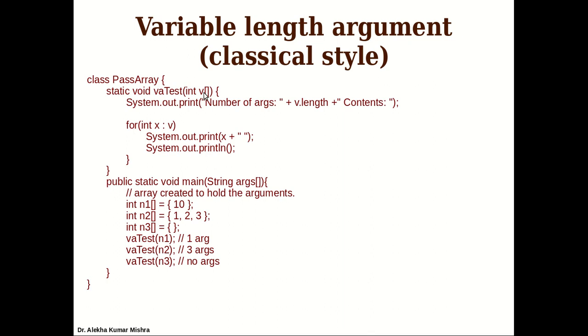Suppose we are passing an array, but the size is not fixed and could vary. In that case, the very common, traditional way is to give a blank square bracket in the method argument to indicate that the size may vary.